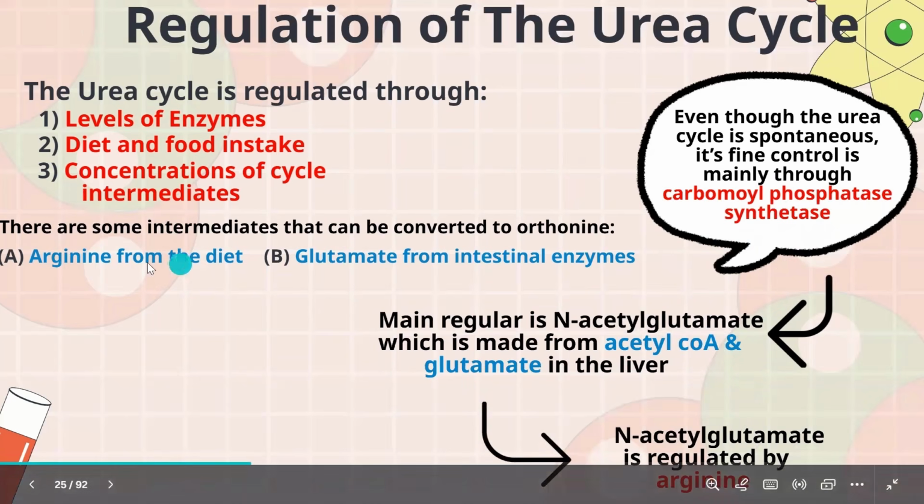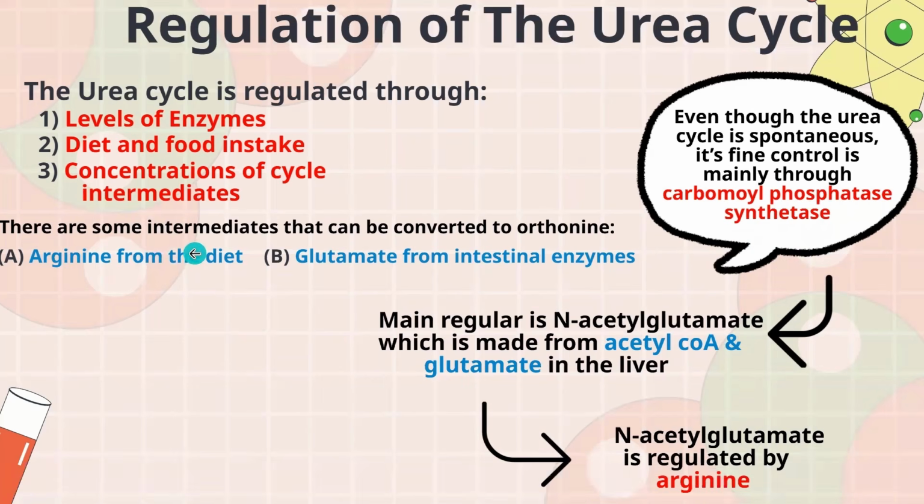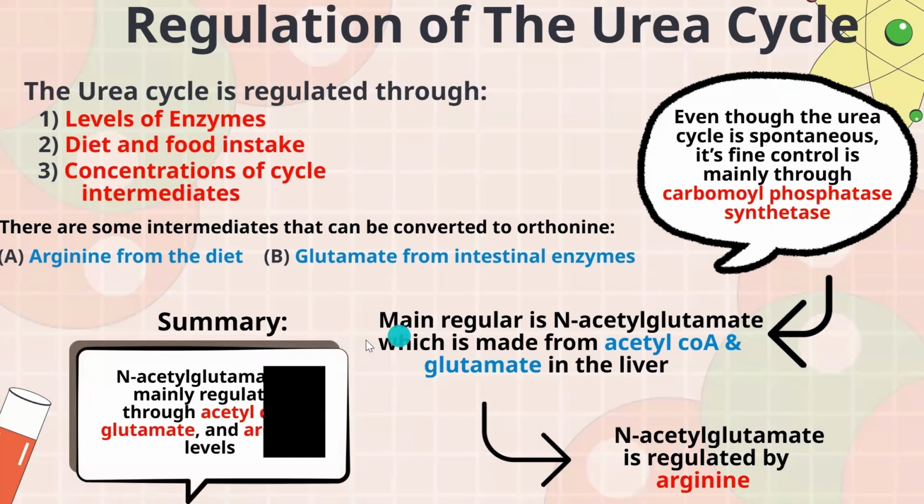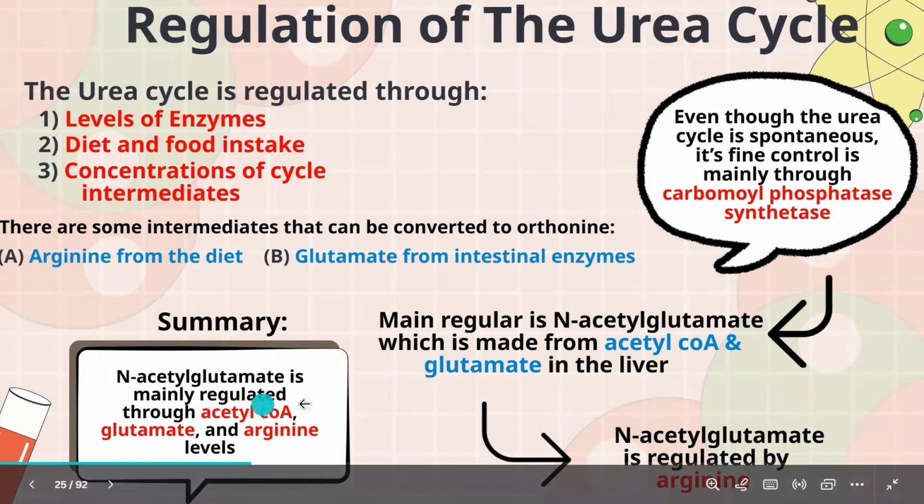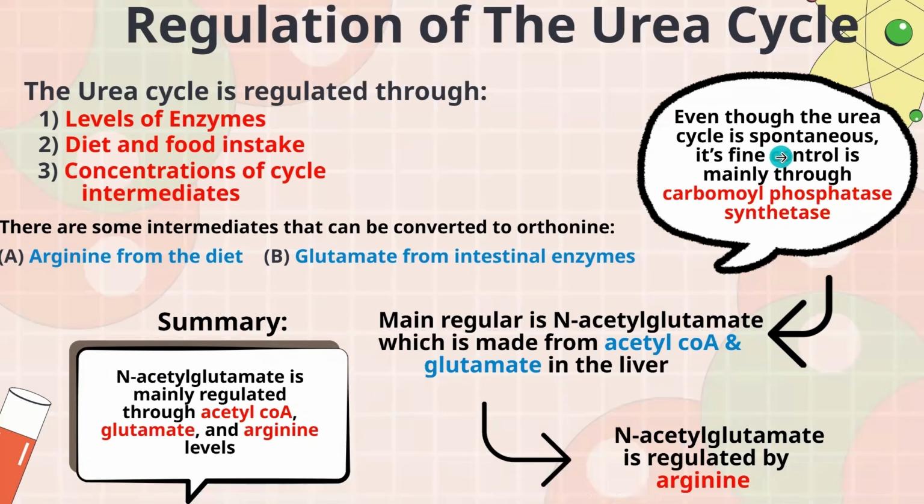So this is why arginine in the diet can be important, because it's going to convert to ornithine and it's going to regulate N-acetylglutamate. So I hope that's a fun fact you just learned. The summary basically: N-acetylglutamate is regulated by acetyl-CoA, glutamate, and arginine. I didn't mention this by the way. And that's about it.